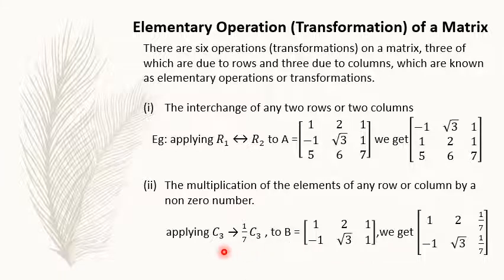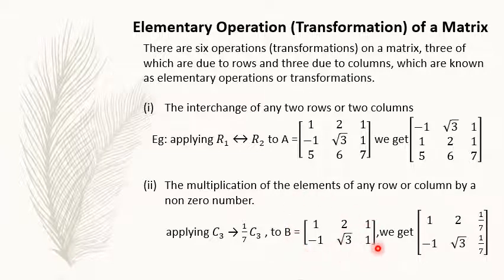In the previous video, we discussed how to find the scalar multiplication of a matrix. There, we multiply the entire matrix with a scalar number. But here, this elementary operation is, we can multiply a row or a column with a non-zero number.